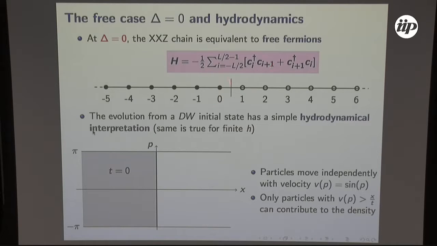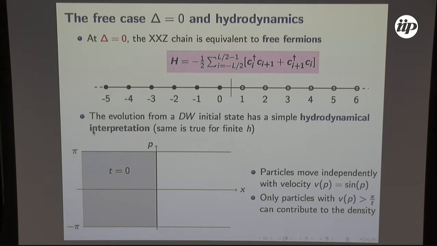So the interpretation of the problem is like this. It comes from the exact solution. Essentially, you think semi-classically in this px plane. So p is the momentum, the single particle momentum, x is the spatial coordinate.